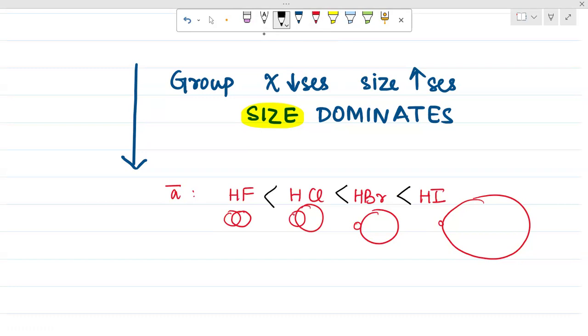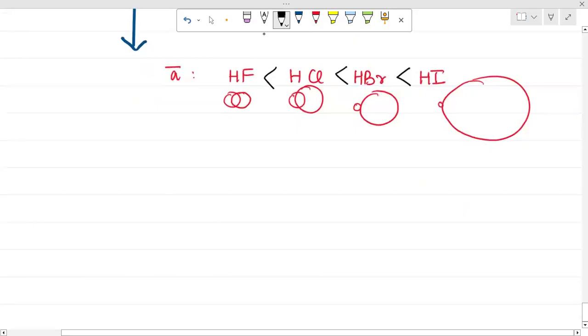So based on electronegativity, you might feel that fluorine is most electronegative and then it will readily give H. No, no, no, no. Here, HI, having the least overlapping because of the huge size, will readily donate H. And hence HI is the most acidic.